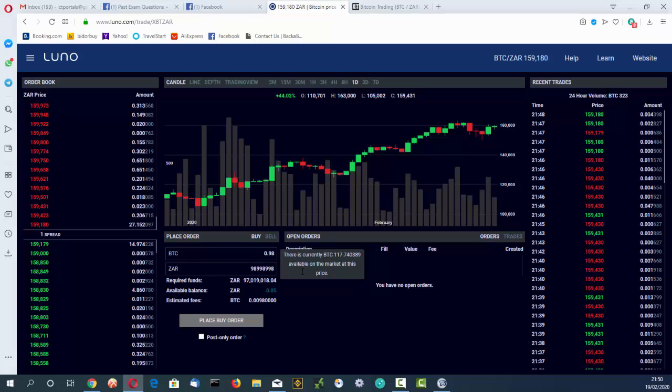But the danger of typing is that if you mistakenly type, for example, let's say you have a Bitcoin and Bitcoin price is this, and you want to sell 1 Bitcoin. And instead, if you type with your hand, instead of typing 159,180, you now type 15,918, the program will execute it, and you have lost big time.